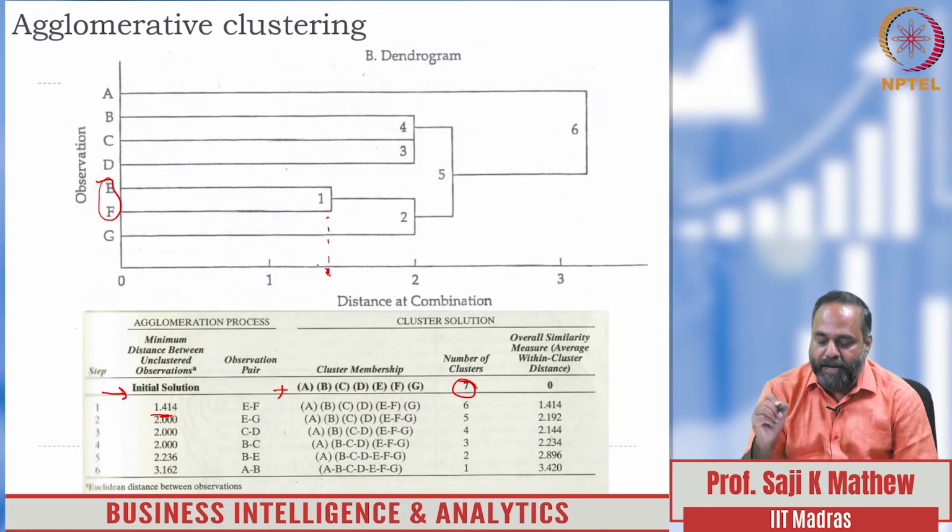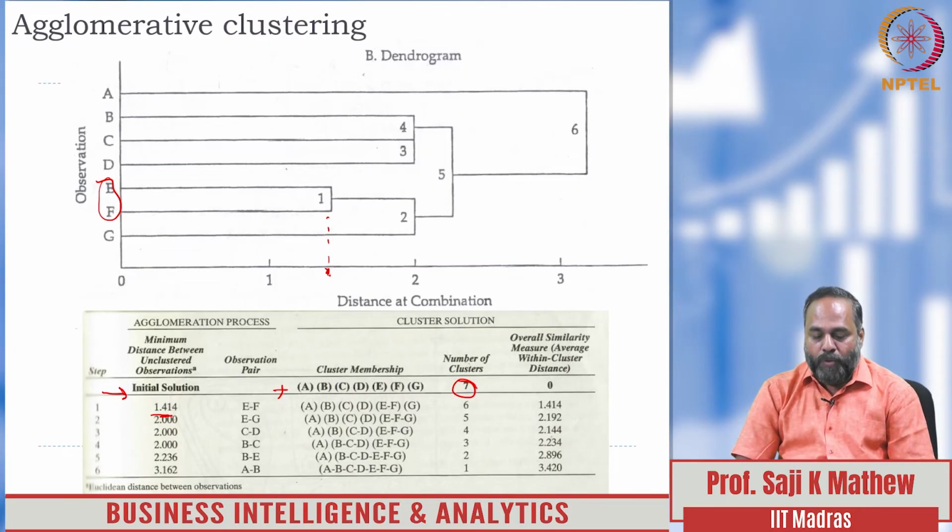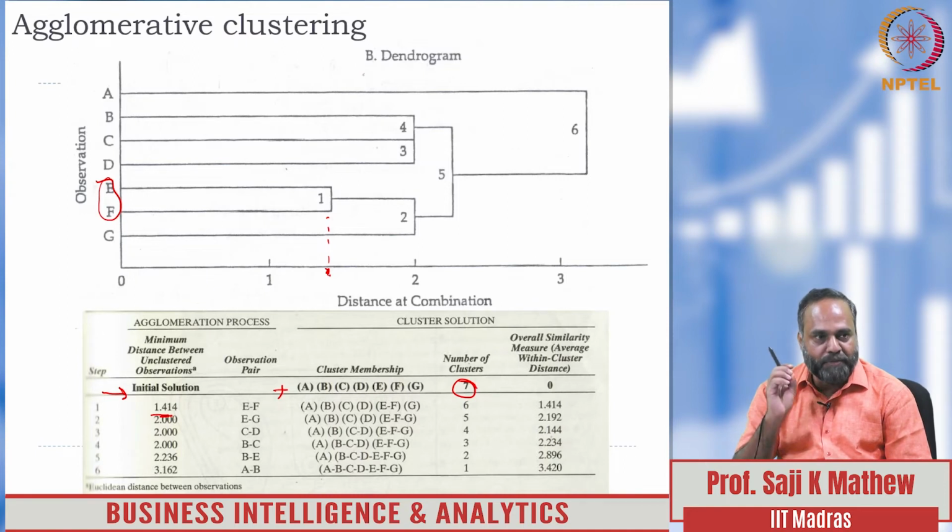We connect the 2 objects E and F, and once they are connected, it becomes one cluster. E and F may have slightly different attribute values, but that does not matter. Once you connect them, you treat them as one object, one unit, or one group.